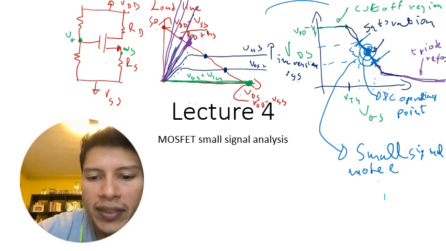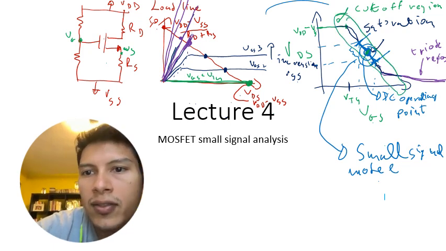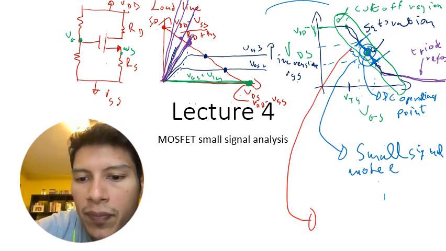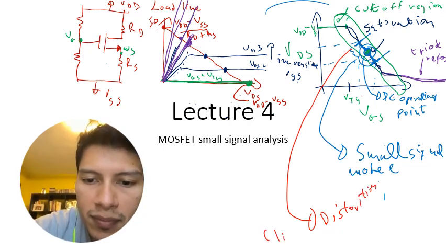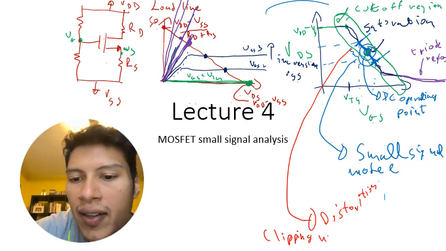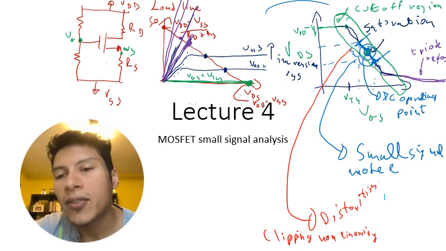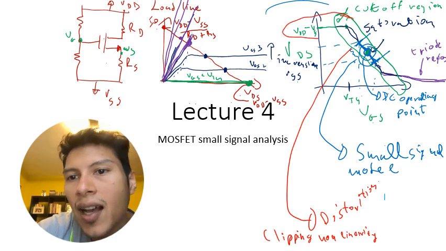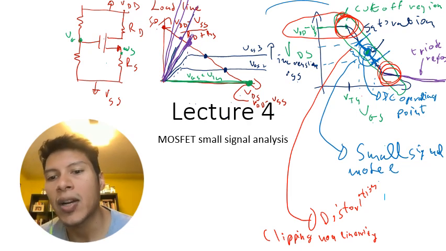Additionally, what we said was that if our VGS varied too much from the quiescent point, so if our signal was not small anymore, this would lead to distortion, clipping, nonlinearity, and all kinds of non-ideal behaviors. So if our input signal is operating such that it uses this region and this region, we're going to run into trouble in our amplification.